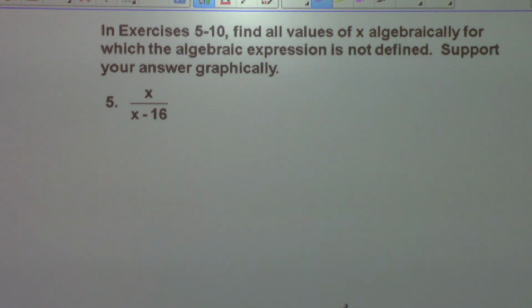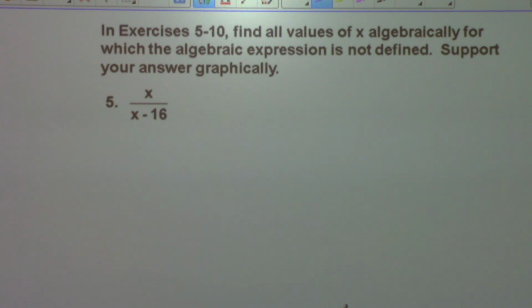It has to do with 0. Find the 0. X equals 0? Now, that's a good thought. If you put x equals 0, you'd get 0 over -16. So that's defined. So the function is defined for x equals 0. What is the function not defined for? We don't know. We forgot.